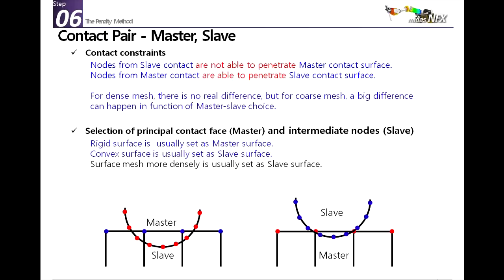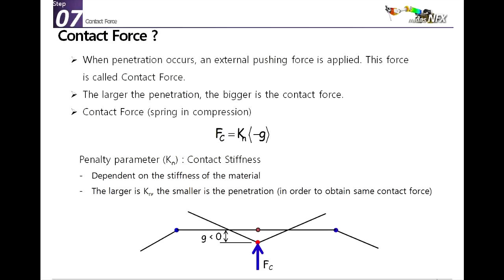Because you will not think that if your phone is falling on the ground, it will deform the ground, right? It's always the phone that will break, but not the ground. So this is why the ground is stiff, it's rigid, so this is the master, whereas your phone will be the slave. So the contact force is calculated like that.